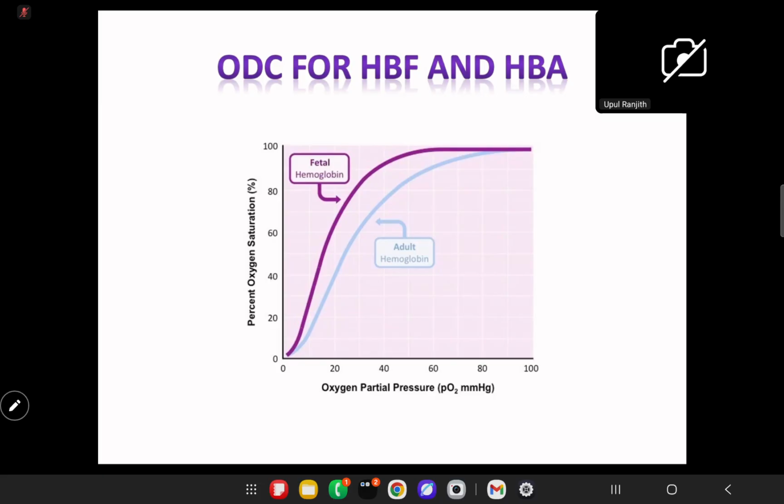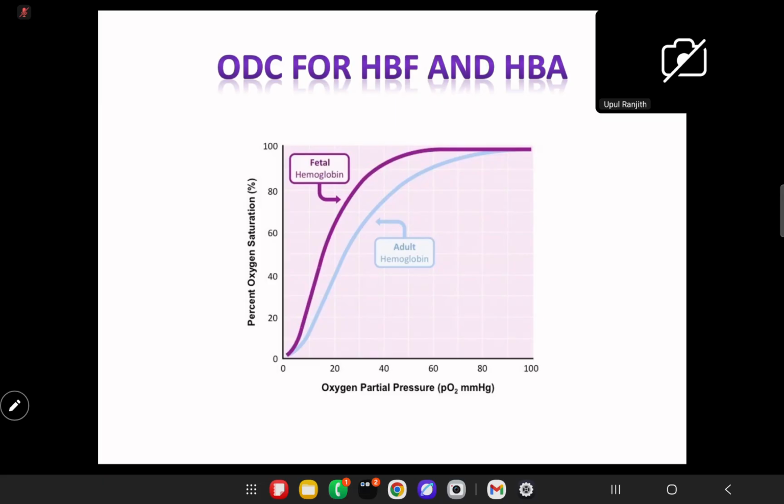Is that clear? Double Bohr effect? Because there is uploading of carbon dioxide into the maternal side, that will shift the maternal ODC to the right. And at the same time, due to unloading of carbon dioxide on the fetal side, we shift the ODC of the fetal hemoglobin further to the left.